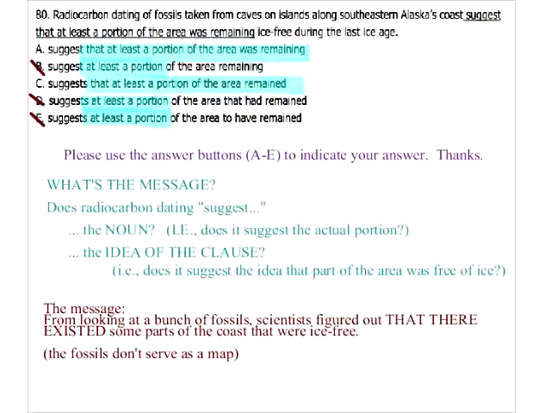The dating of the fossils doesn't serve as any kind of map here. So if you pick the ones that are B, D, or E, you'd be saying radiocarbon dating itself, the actual process where you figure out how old stuff is, gives you a map of the area. That doesn't really make sense.